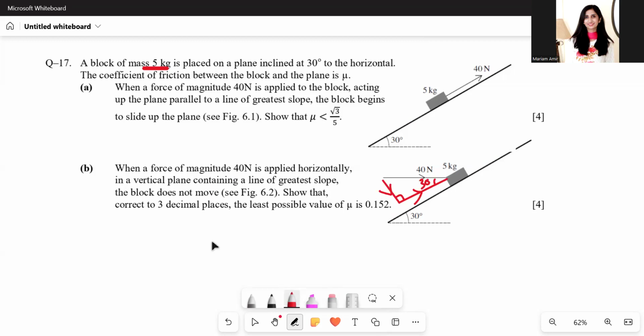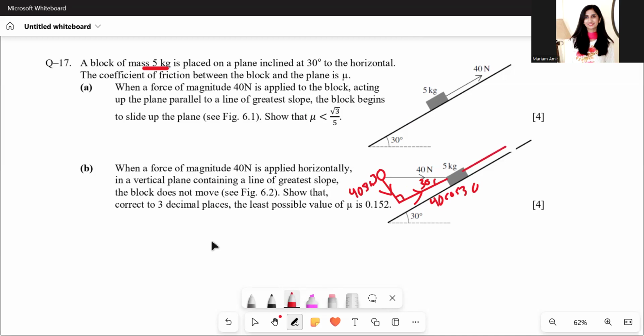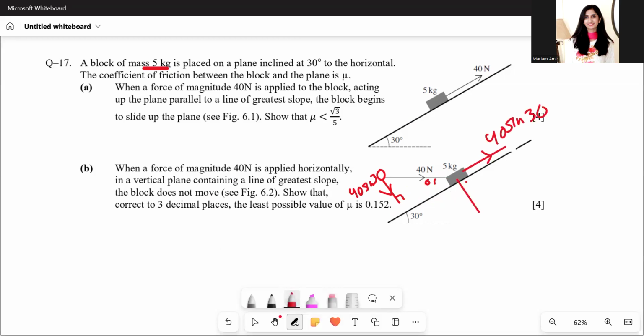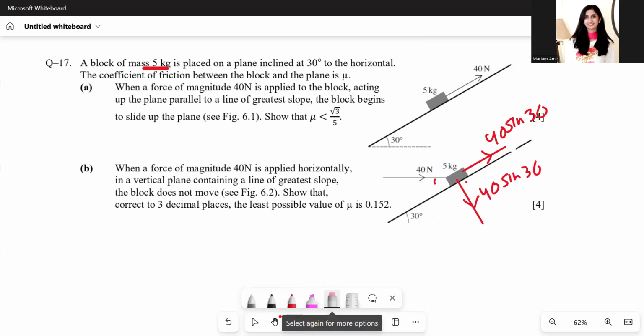So this is 30. That would make the opposite side 40 sine 30, and this side 40 cos 30. Now look, this arrow is going upward. So what I'll do, I'll draw this force here, 40 sine 30, and clear this part. And the other force is downward, so I'm going to draw it here, 40 sine 30, and clear this.